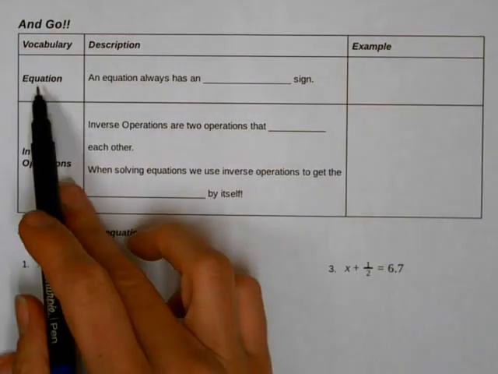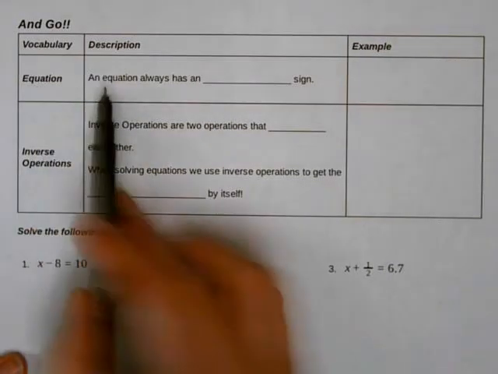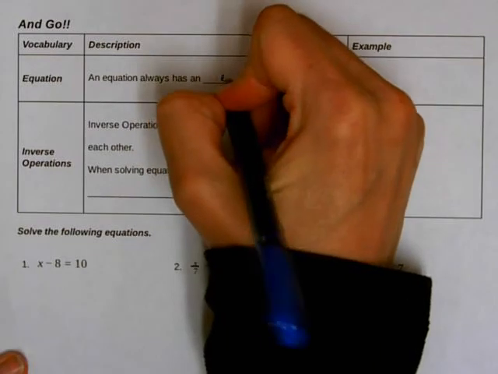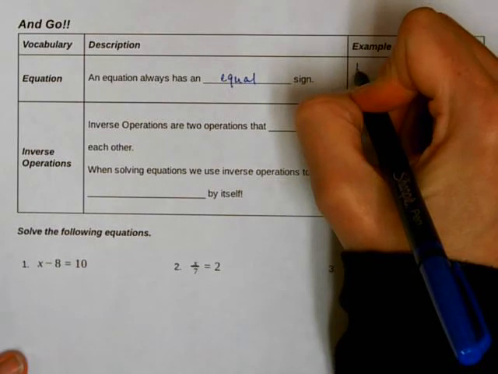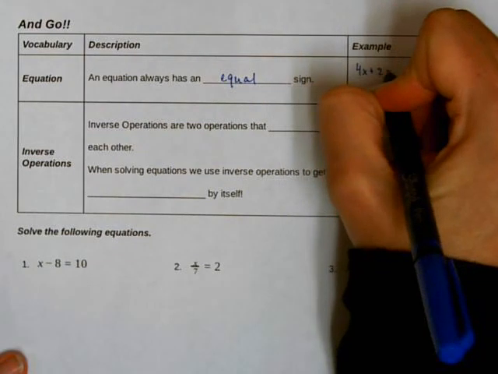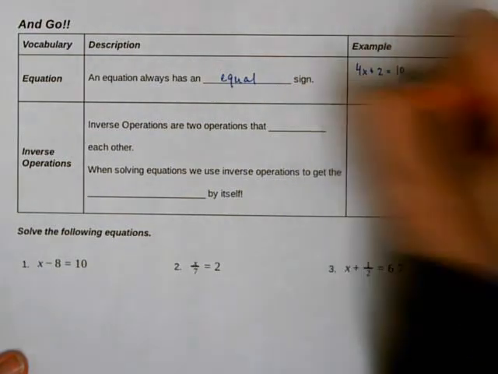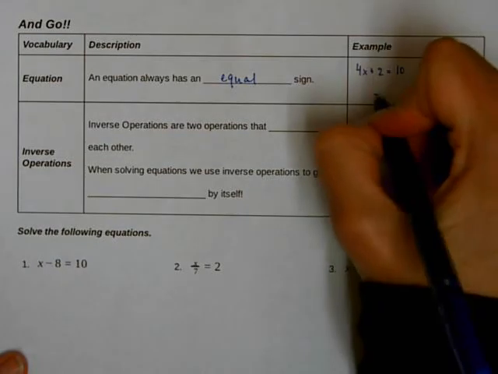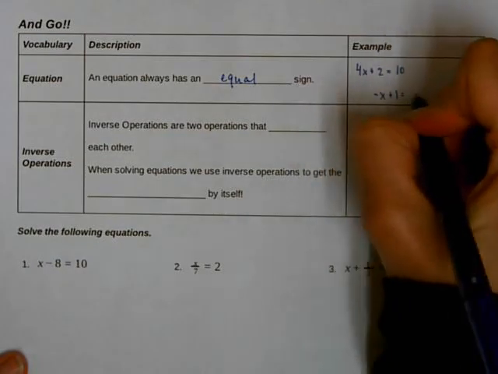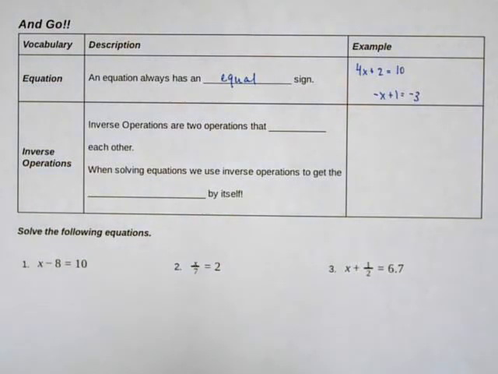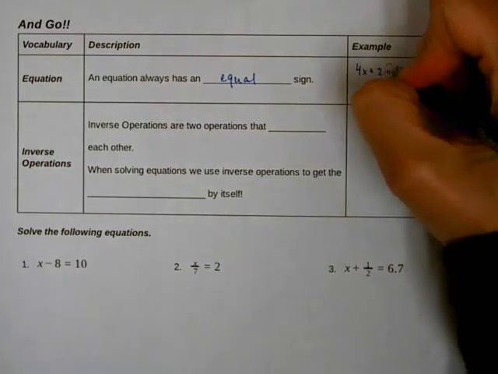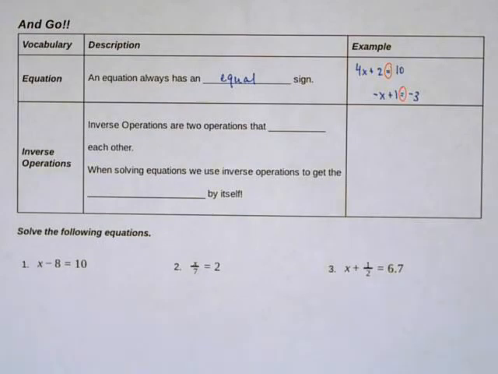Now, the first thing we want to mention, an equation always has an equal sign. So something like 4x plus 2 equals, let's say, 10. Right? Or negative x plus 1 equals negative 3. So the big idea here is that if it's going to be an equation, we have to see that equal sign.